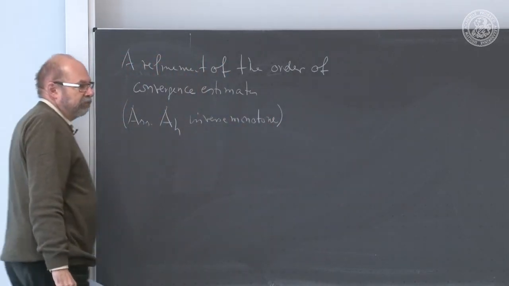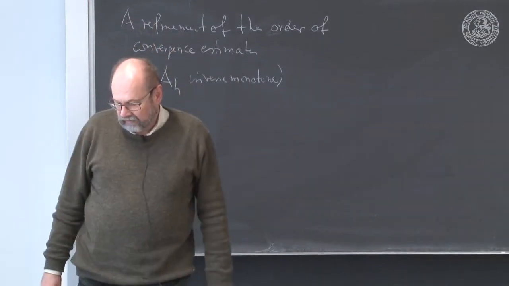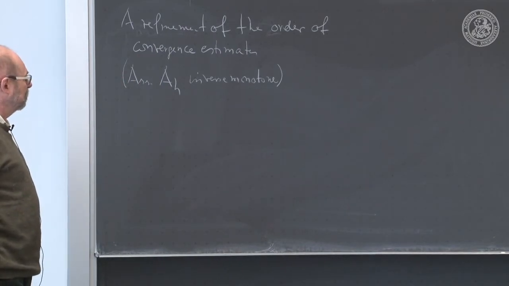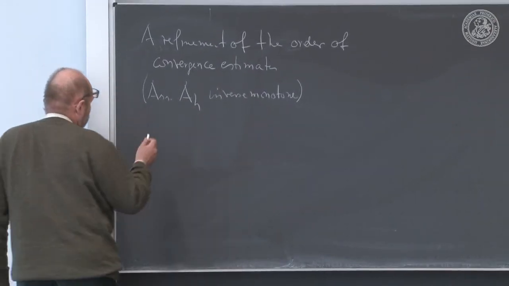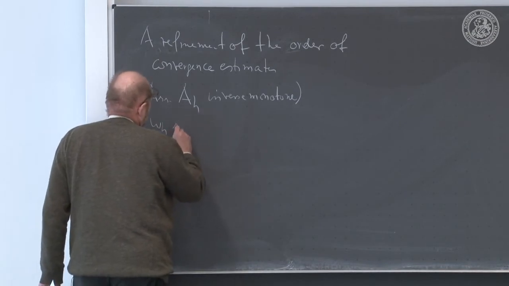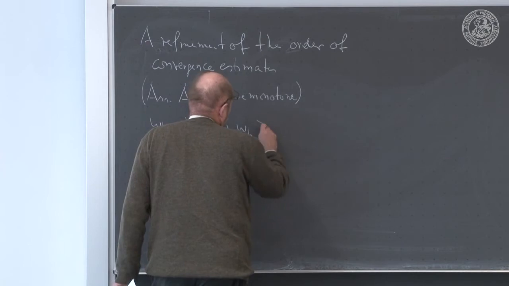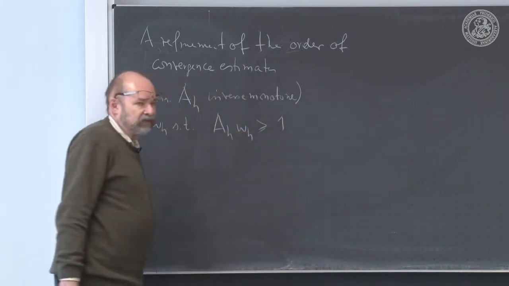And you remember the basic thing was, under these assumptions, to also come to stability. One decisive step was to look at grid functions w_h such that A_h w_h is greater or equal in the pointwise sense than the vector 1.